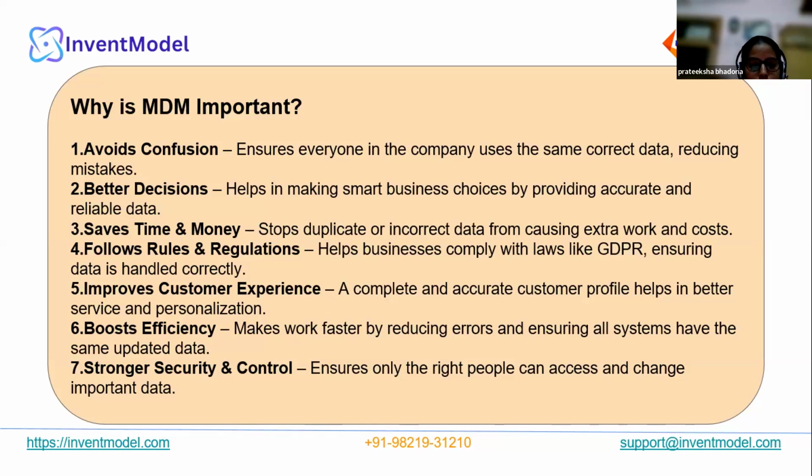Coming on to the next point, it says it helps to save time and money. Of course, when we are using the correct data, the master record as we use in MDM, that is a golden record, we don't have to process a large number of records. We'll just have the golden record and we'll just evaluate or process that record for further information.